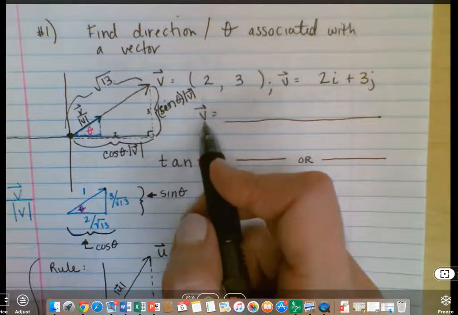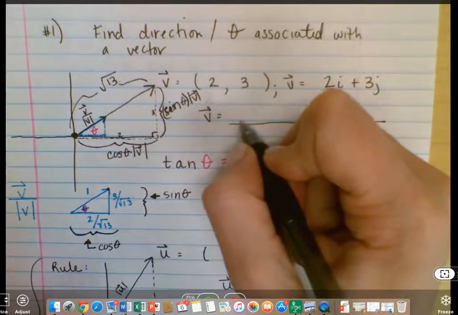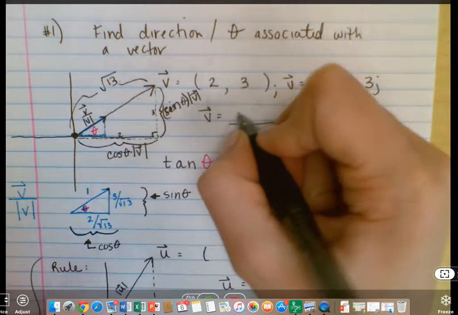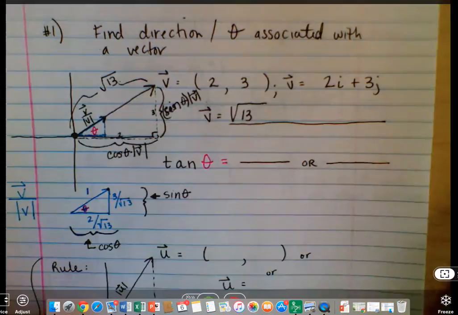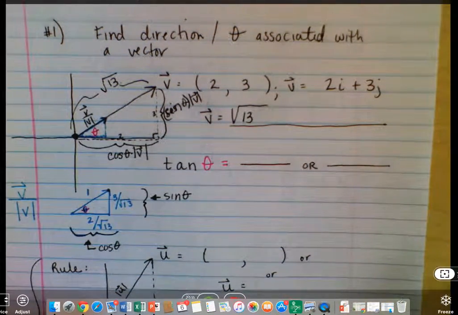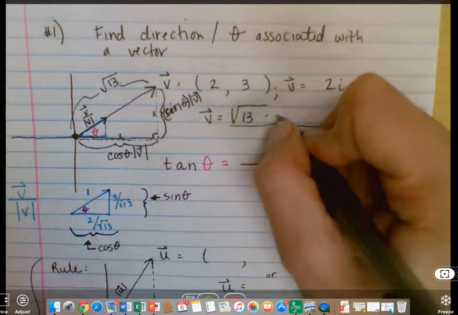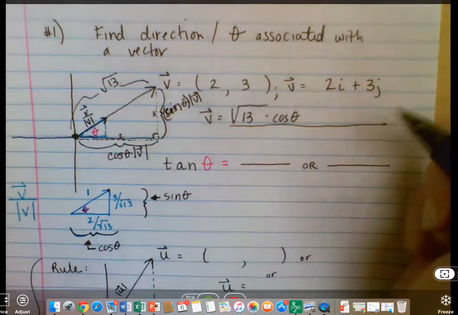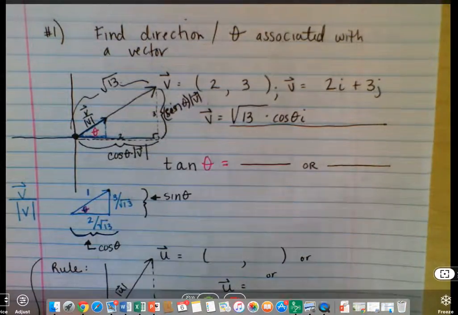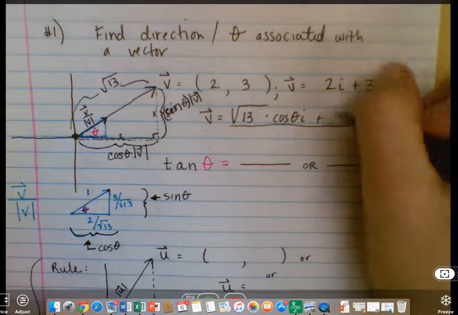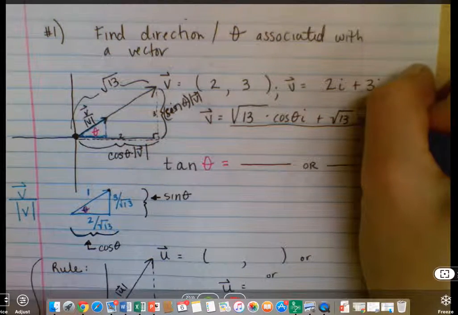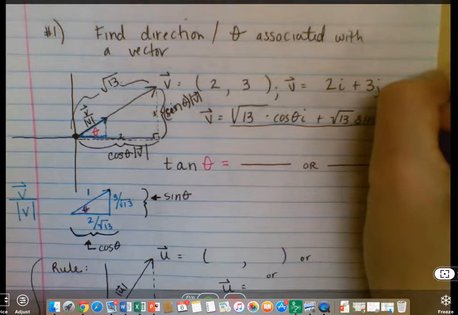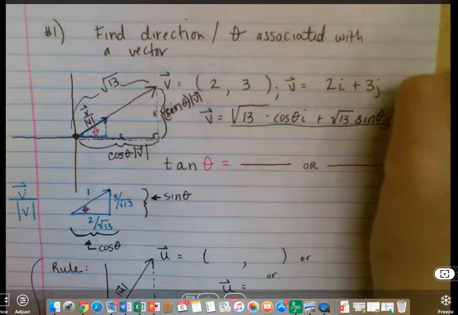So vector v right here can be written as root 13, which is the magnitude, times the cosine of theta i, horizontal, plus root 13 sine theta j.